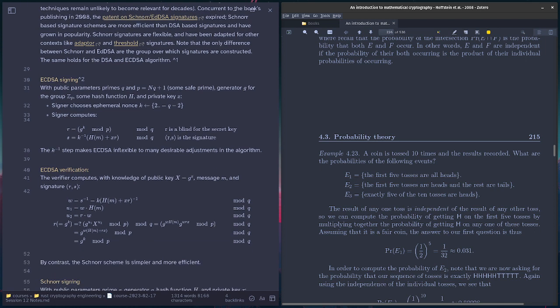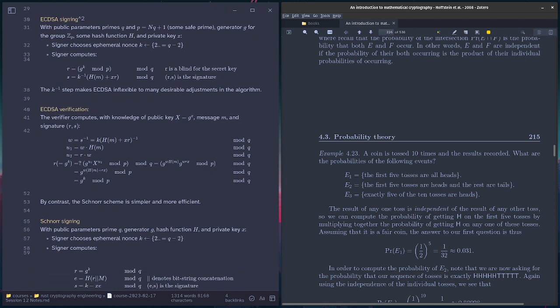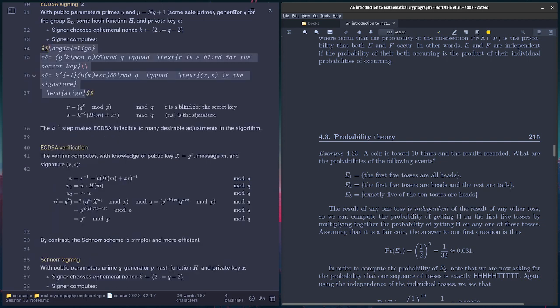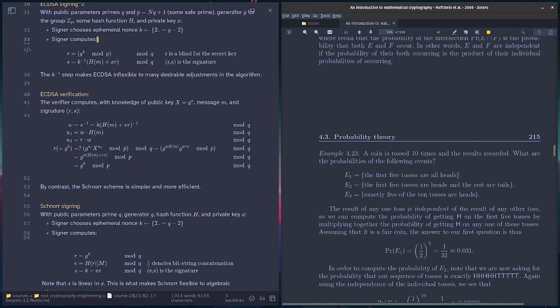So just in a nutshell, to get a raw sense of things here, in both schemes, the signer computes some ephemeral nonce and computes some value. But in the ECDSA process, the value includes this term of k to the negative 1.